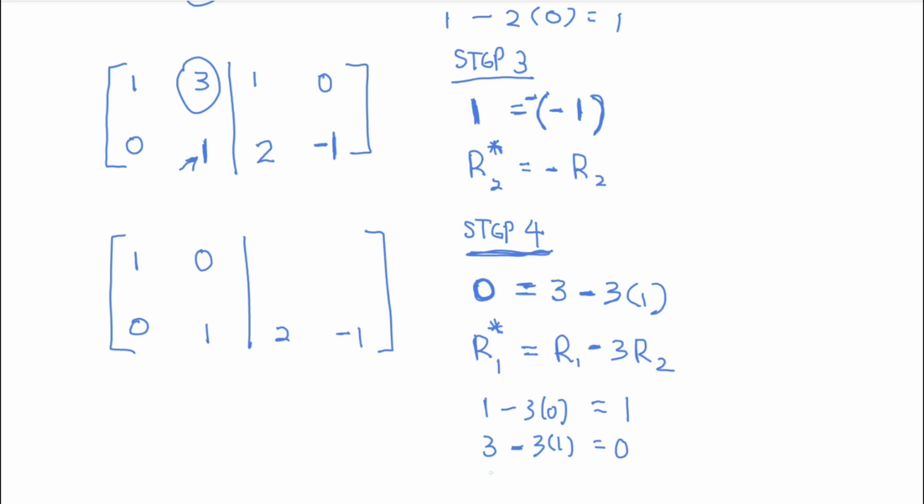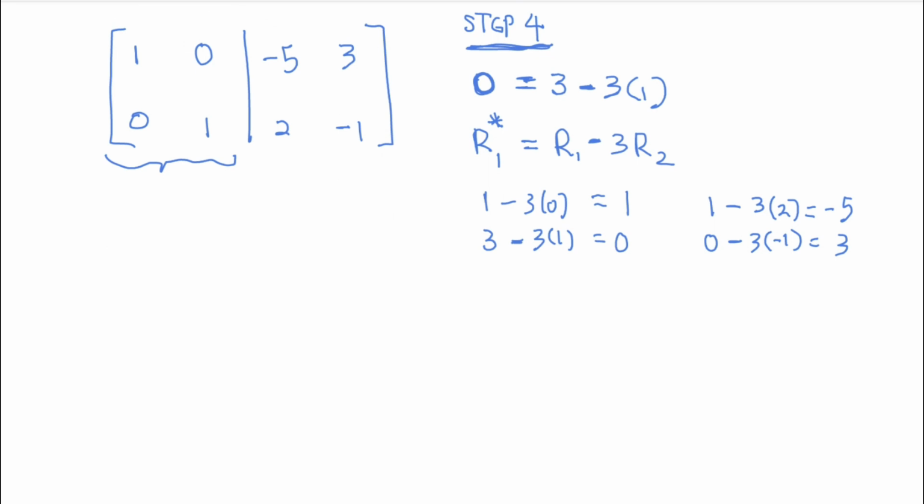And then 1, you minus it with 3 times 2, you will get negative 5. And then lastly 0, you minus it with 3 times negative 1, you will get 3. So until step 4, you will obtain the matrix in identity form, 1 0 0 1.